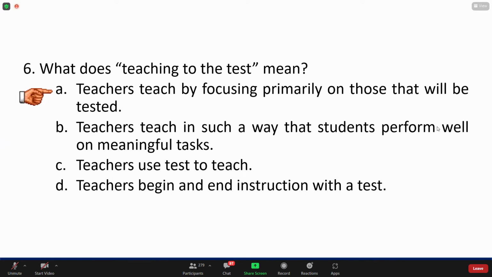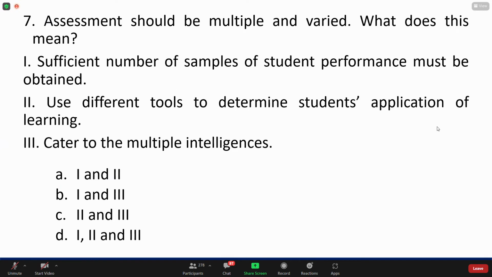So that is what is meant by teaching to the test. Okay? How about number 7? Sige, okay lang yan. Mas may enhance your pen further as you do readings of your theories or yung mga lessons natin.